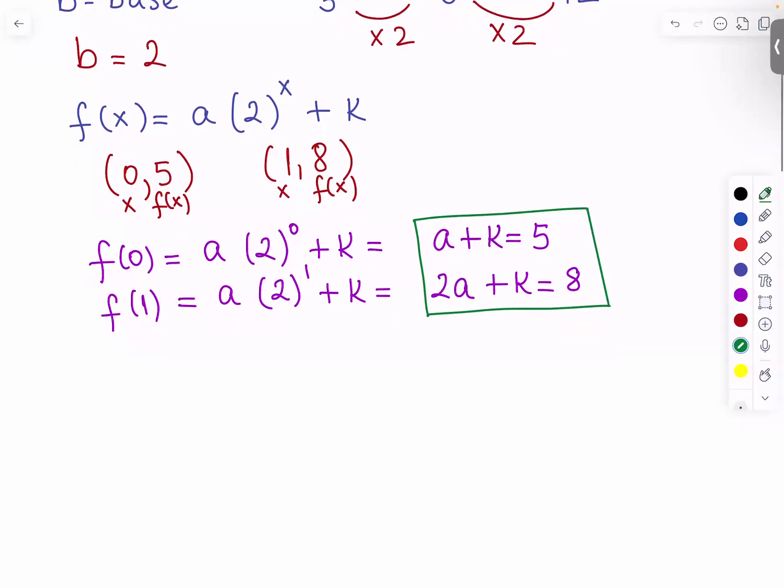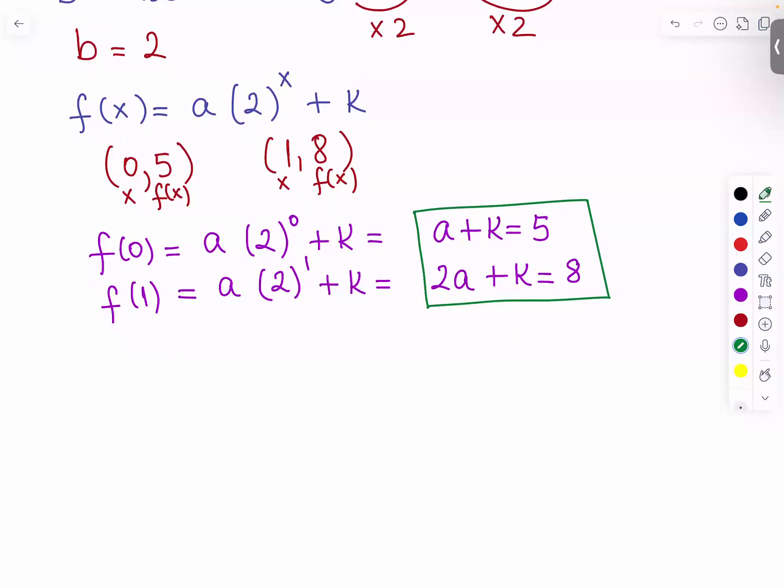Okay, so we have 2a plus k equals 8. Now remember, we want opposite coefficients in front of one of the variables, so we can work with the elimination or addition method. So I'm going to multiply the second equation by -1.